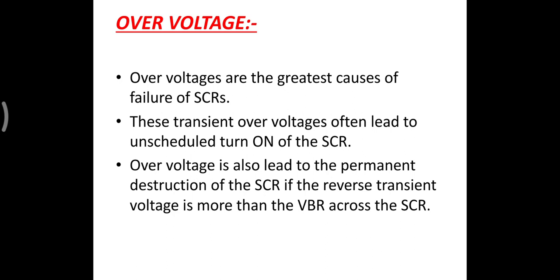That means if any unexpected transients are raised in the circuit, those unexpected transients cause turn on of the SCR. So these over voltages may lead to permanent damage of the SCR.